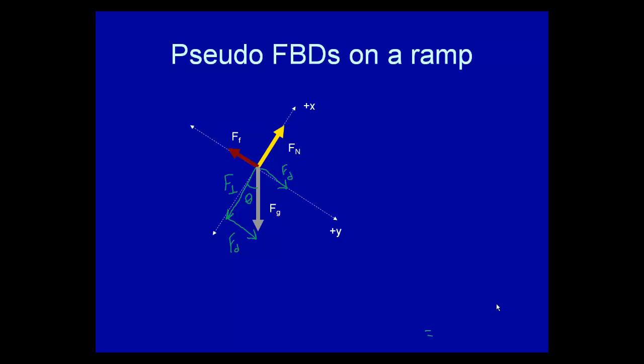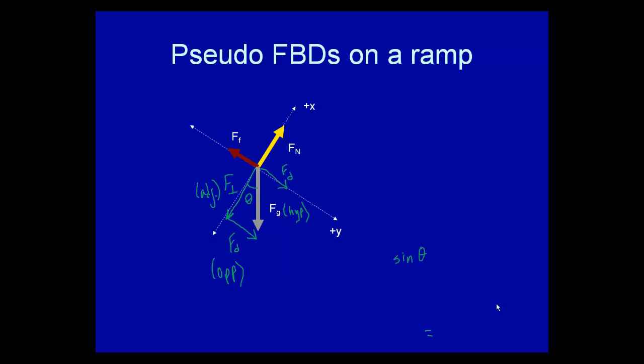Now, it also makes a lot of sense mathematically to redraw the force down at the opposite end of Fg. Now I have a right triangle. Now I can do a little trig. Fg is my hypotenuse. The force down is opposite of theta, and the force parallel is adjacent. Because of geometry, that theta has to equal the theta of your ramp.